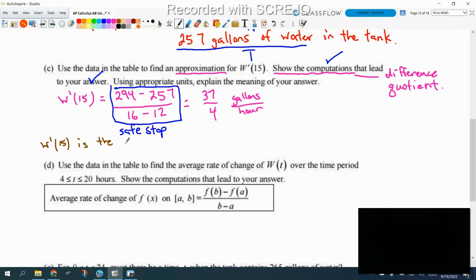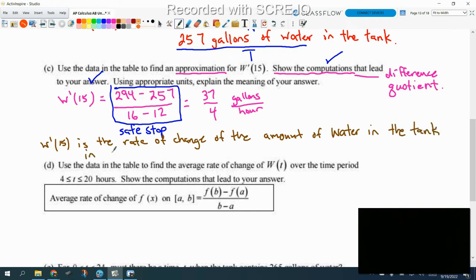W prime of 15 is the rate of change of the amount of water in the tank in gallons per hour at t equals 15.